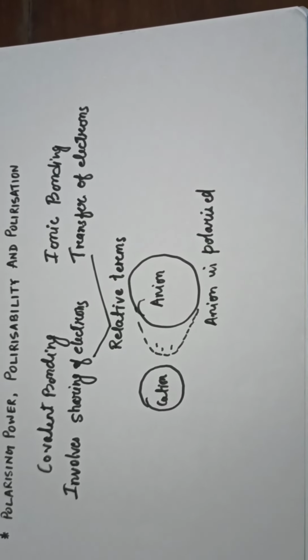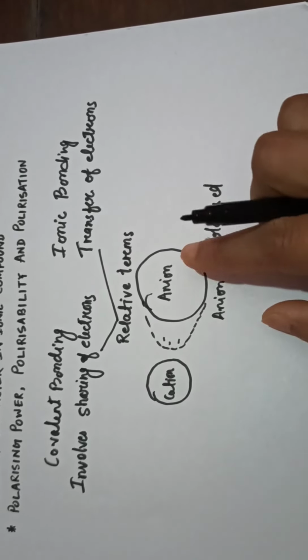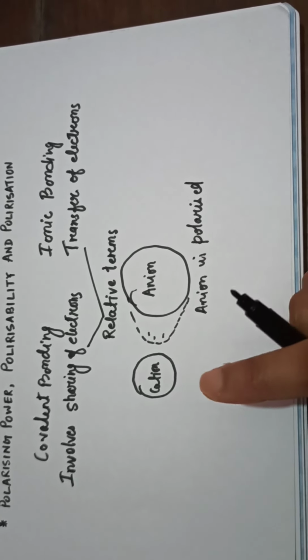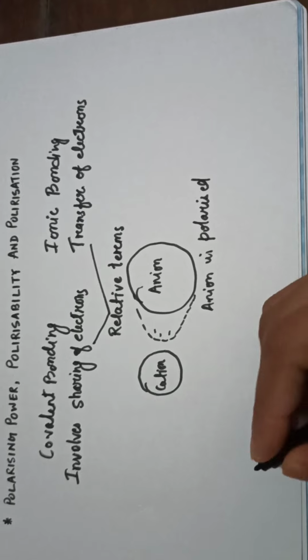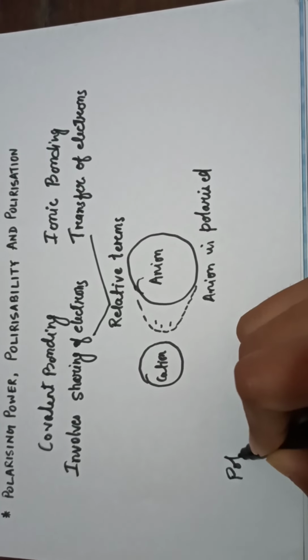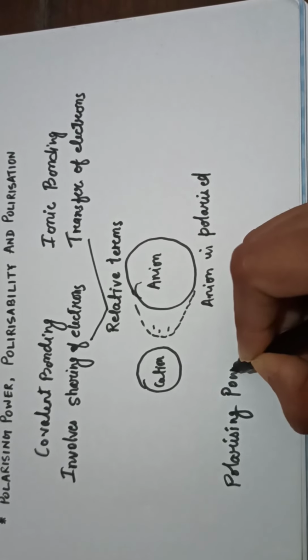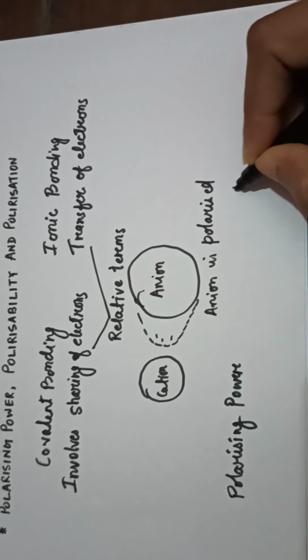Now what is exactly happening here between this cation and anion? To understand it, we first need to understand two terms. One is polarizing power and the other one is polarisability.